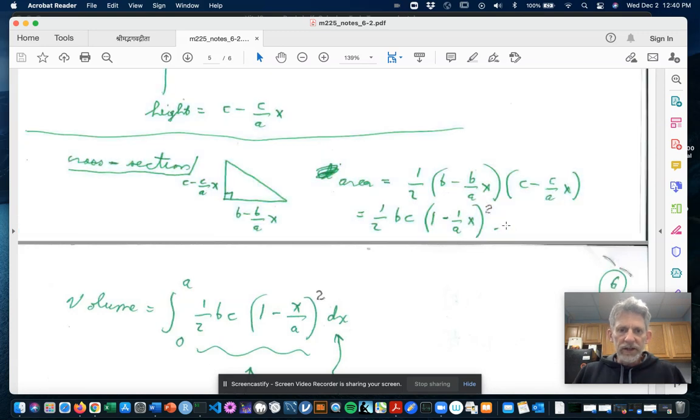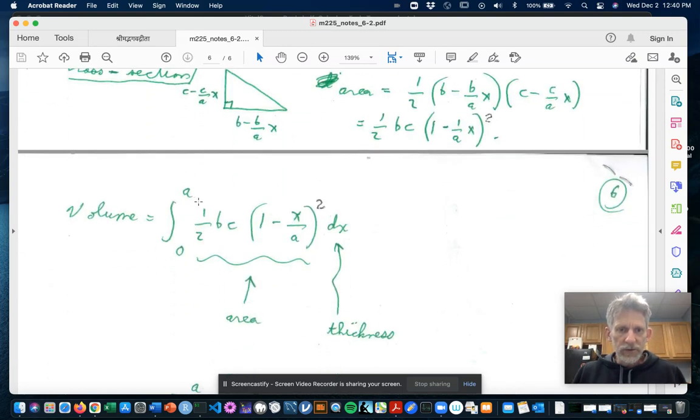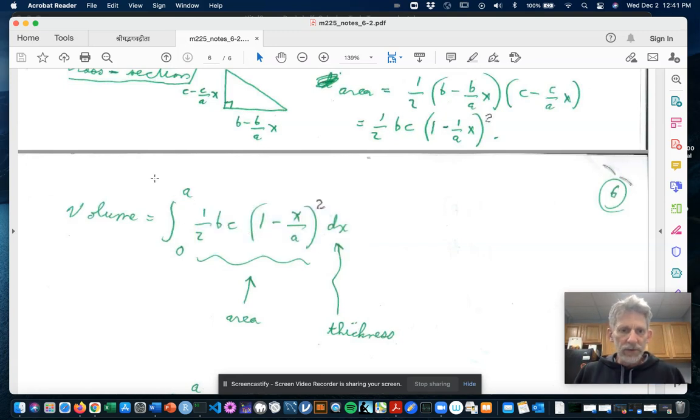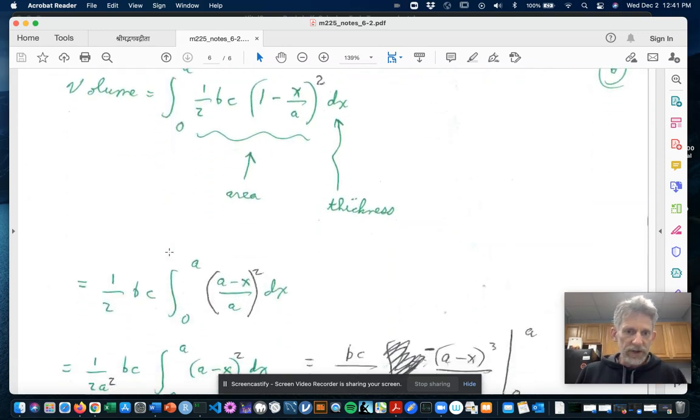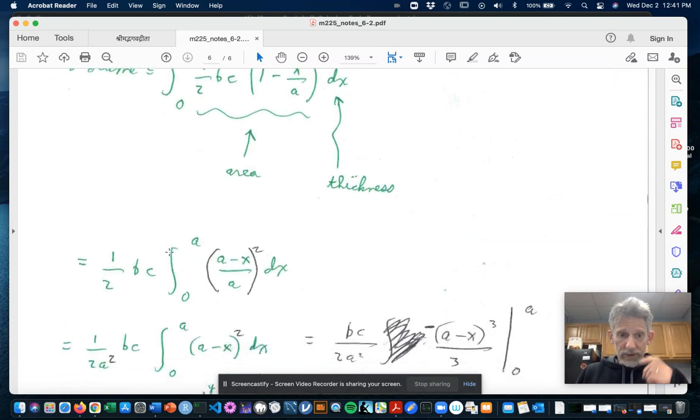So the thickness of the figure is dx, because we make a little change along the x-axis to get a thin little cross-section. And so the little volume would be that. Add up from x is 0 to x is a, we'll get the volume of the entire figure. So now we just got a little integral to do. How shall I do it?